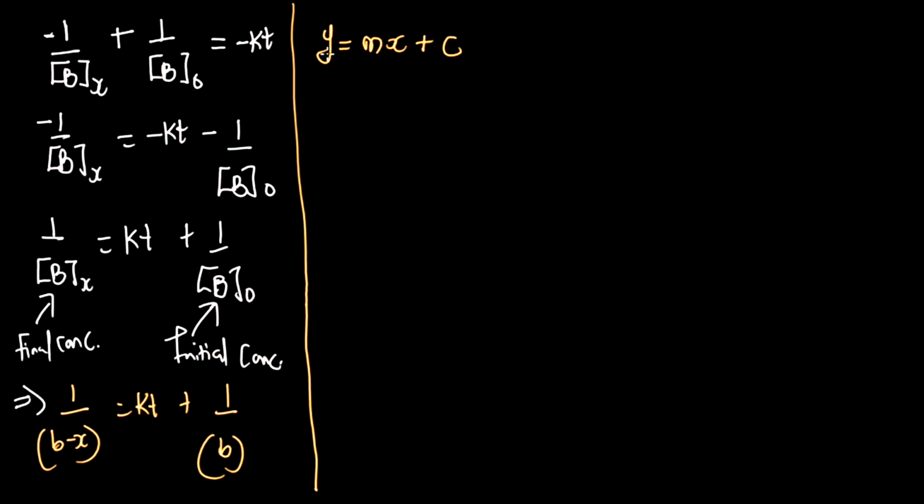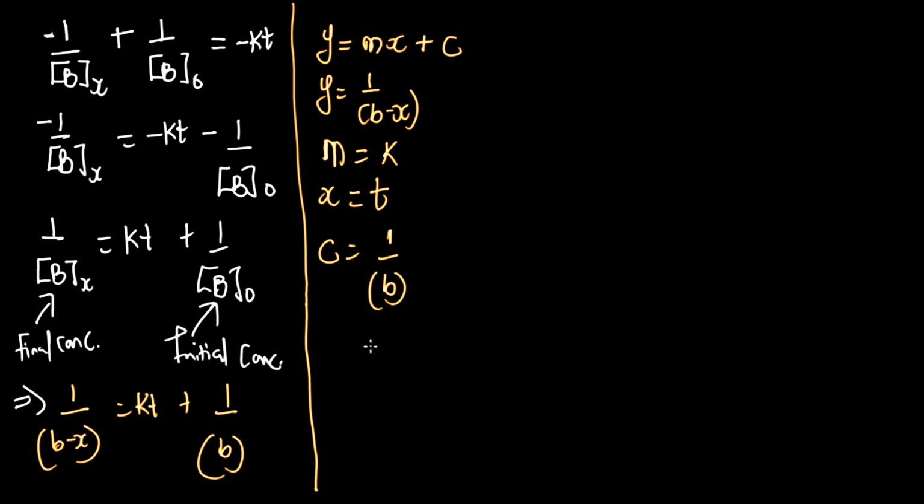Here y is 1 over [B] minus x, the slope or gradient m equals k, x equals the time, and the intercept c equals 1 over [B]₀.